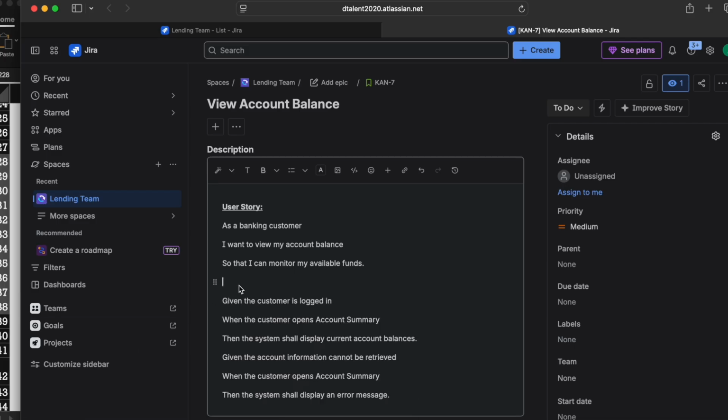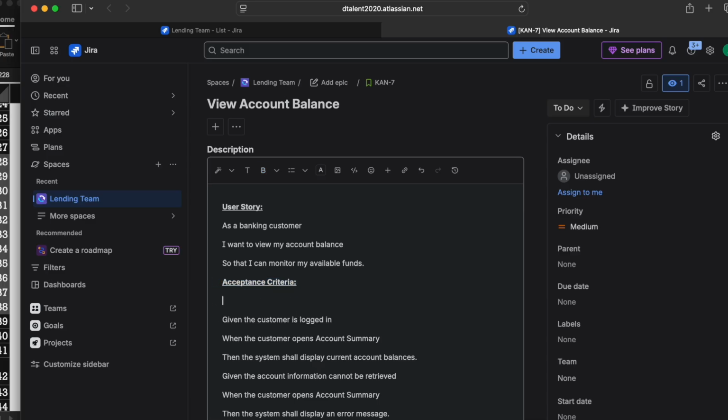Acceptance criteria. So let's write. Okay, so that's the acceptance criteria. Let me bold, let me underline.